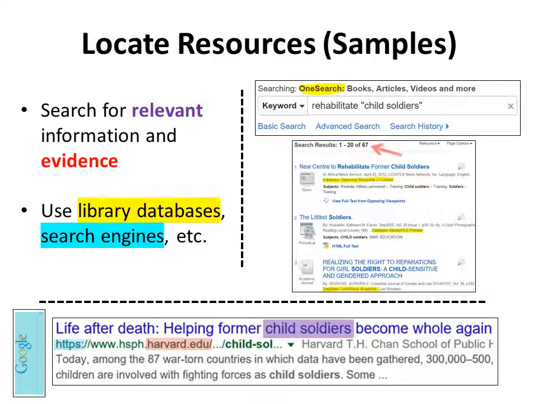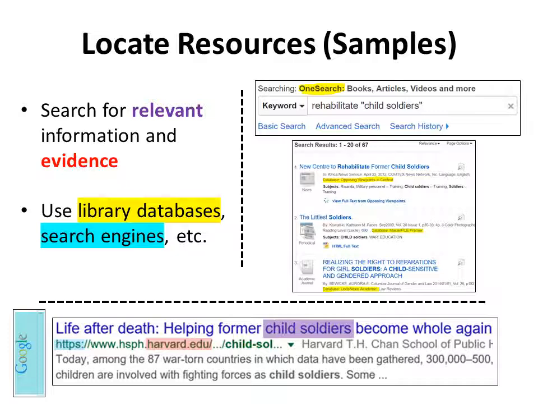In the second box, I highlighted the first 3 of that 67, and while you may not be able to make it out from your screen, each of these 3 come from a different source. One is from a news source, another is from another type of periodical, and the last one is from an academic journal. At the bottom of the screen is a screenshot from an article I found in Google.